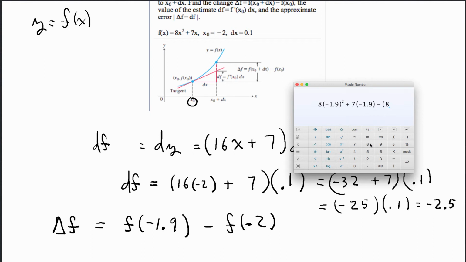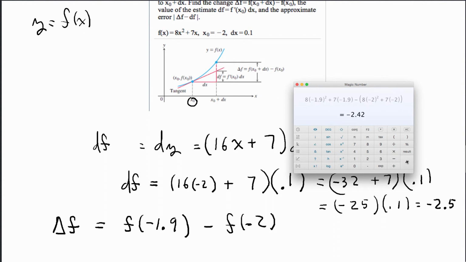So it's going to be 8 times negative 2 squared, and then adding 7 times a negative 2, and I'm going to just finish off the parentheses so that everything is well defined. And there, look how you can just see it right in front of your eyes. So I confirm that that's correct.